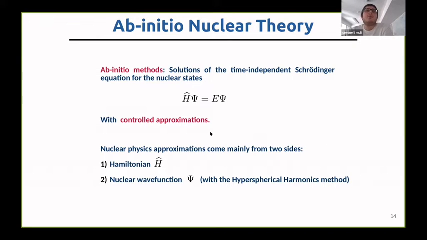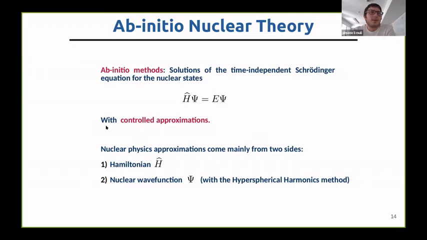That means that you want to obtain this input by solving first the time-independent Schrödinger equation for the nuclear states using controlled approximations, where controlled approximation means approximations that we can quantify and that are systematically improvable. And having the solution of the Schrödinger equation, we want to build up these densities and the response functions afterwards from that.